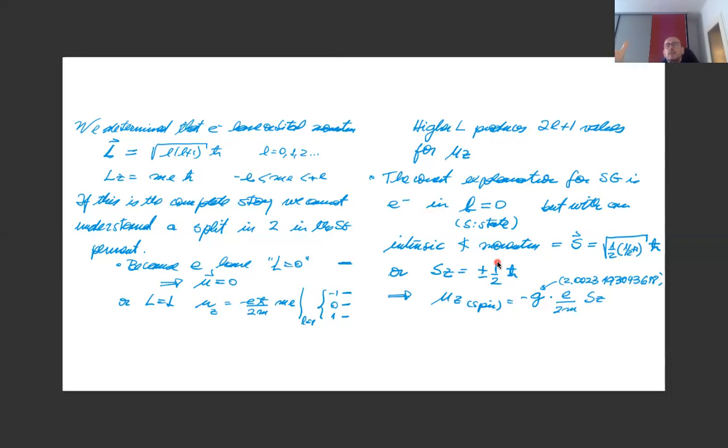Same as the planetary explanation of the Earth going around in the solar system. We have the angular momentum of the Earth around the sun, which is the angular momentum of the complete orbit, 365 days, so many kilometers from the center of the sun.